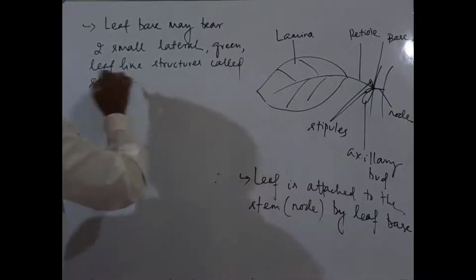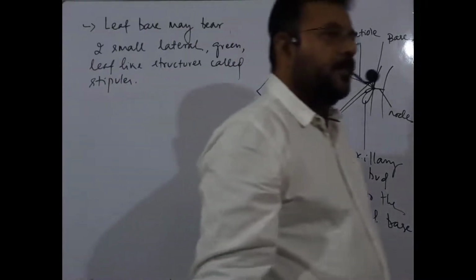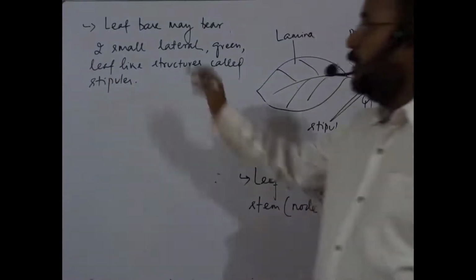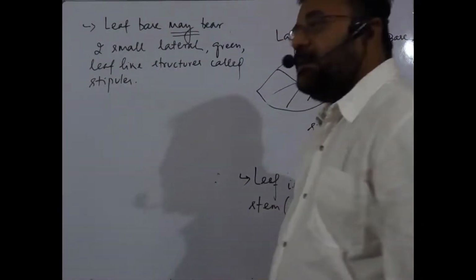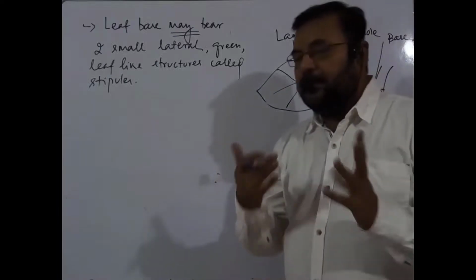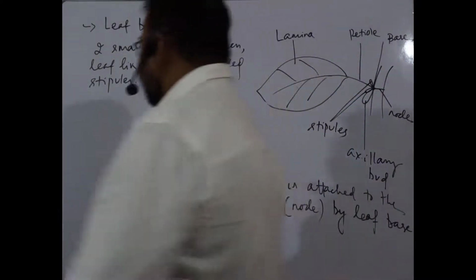Called stipules. यहां पर वर्ड है may bear, इसका मतलब है ये हमेशा प्रेजेंट नहीं होता है. कुछ लीफ में प्रेजेंट है, कुछ लीफ में प्रेजेंट नहीं है.